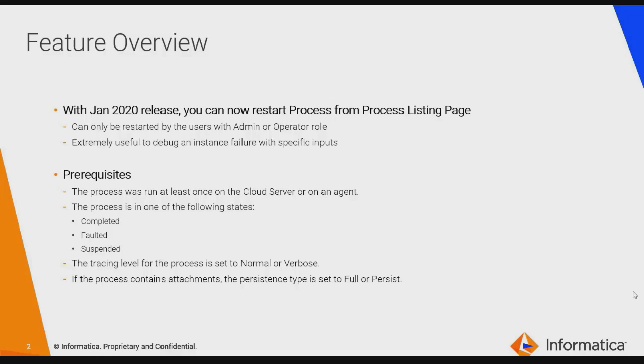We also expect the tracing level of the process to be set to normal or verbose. And if a process contains an attachment, then we also want the persistence level to be of type full or persist.